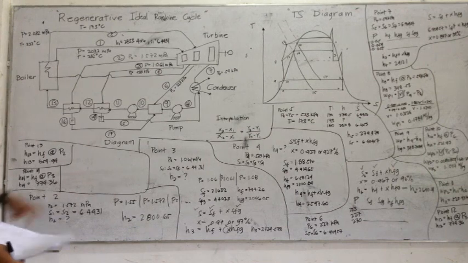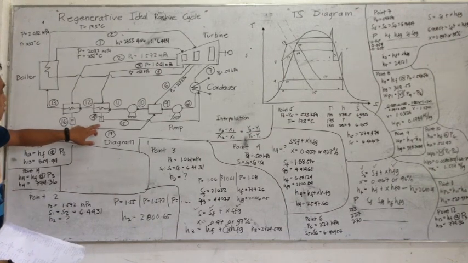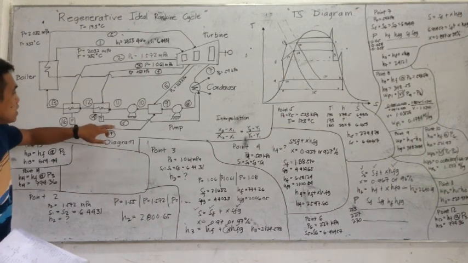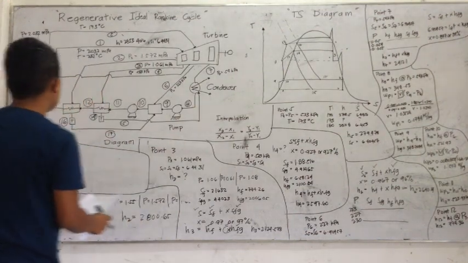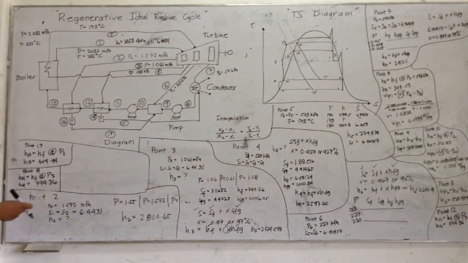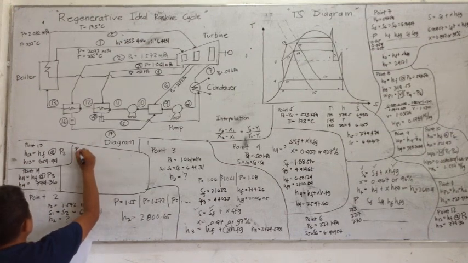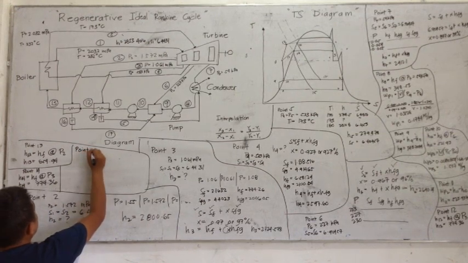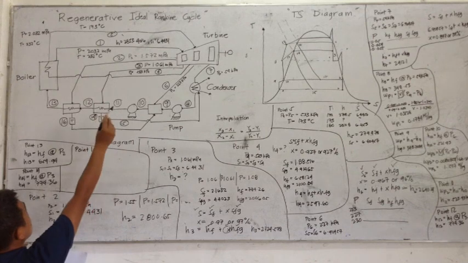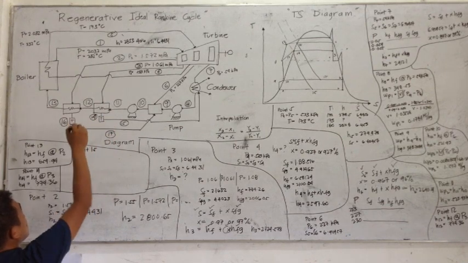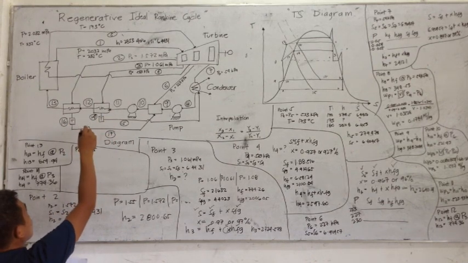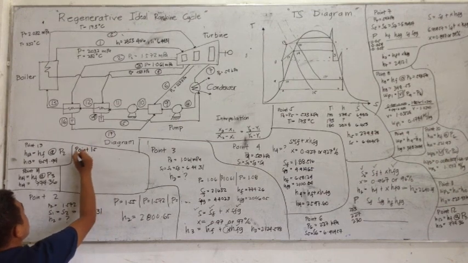Here, what came from the trap delivers liquid back into the condenser. At point 14, we can say that it has the same pressure that came from point 3, goes into point 14, and goes into 15.